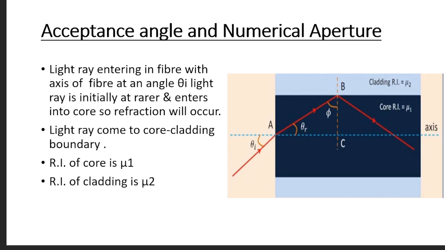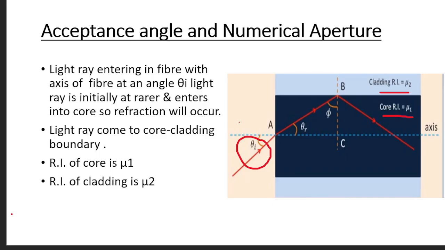So here it is in the diagram. You can see that the light is incident at an angle of theta I. So here in this diagram, your light ray is entering into your optical fiber at an angle of theta I, and the light will be transferred from rarer to denser. Here in this diagram, the refractive index of core is mu1 and the refractive index of cladding is mu2.